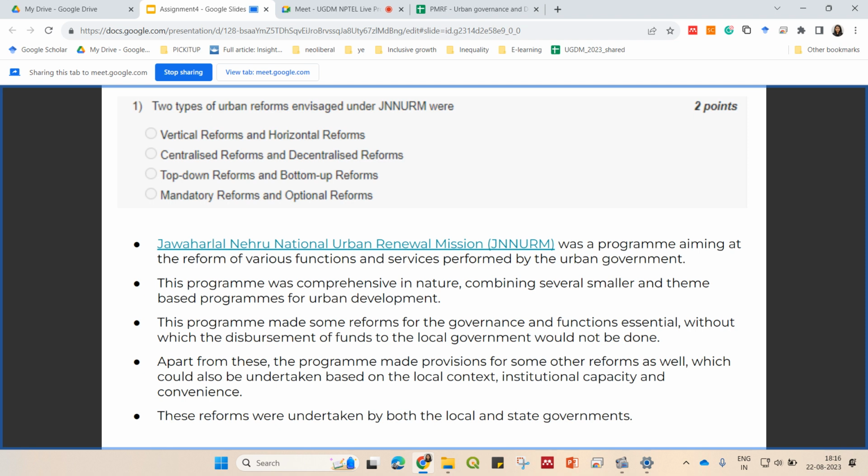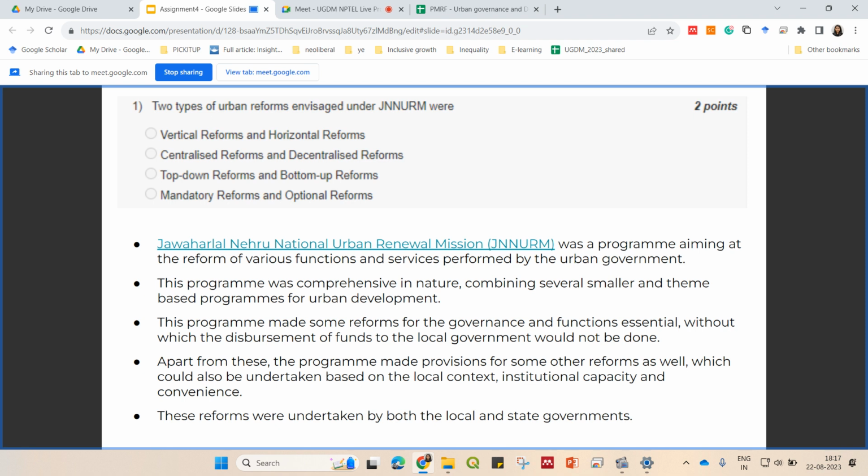So vertical reforms is something which takes place vertically through different levels of any organization. In this case, we are talking about governance system, so maybe the central government, state government, the local government, maybe that kind of reforms.